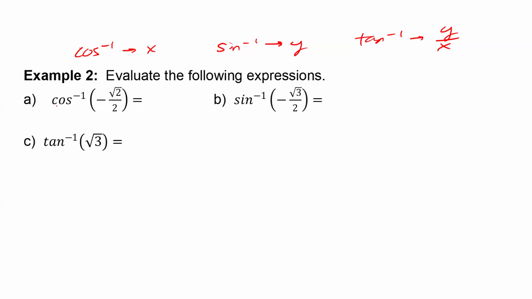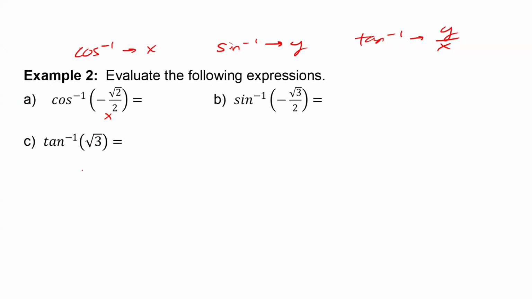Okay, so let's start here with cosine inverse. It says negative square root of 2 over 2. So I'm looking for when x equals negative square root of 2 over 2. That's all it's simply asking you. So on the unit circle, we know that cosine is positive in quadrants number 1 and number 4. So therefore, it's not in quadrant 1 and quadrant 4, correct? So we're going to be going to quadrant numbers 2 and 3.